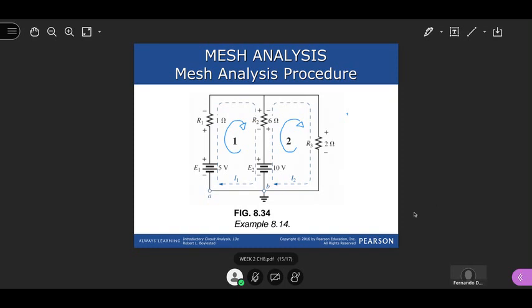So going from minus to plus is going to be E1, E1 minus I1 times R1. Now minus a current times R2.